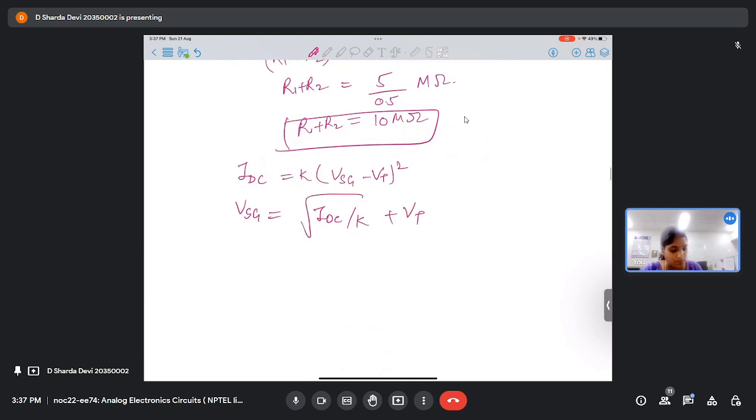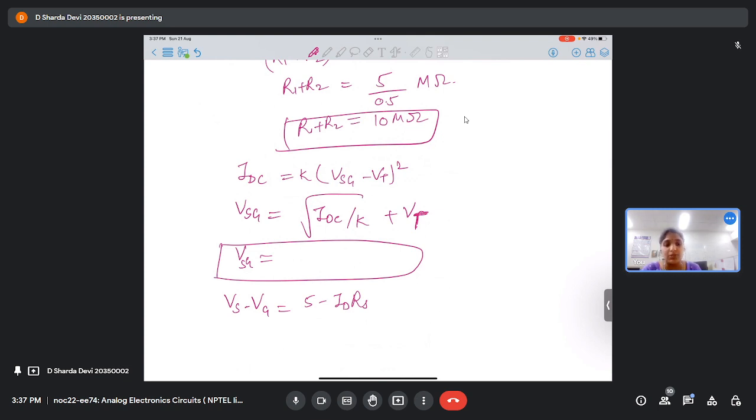So VSG we can find out from here. We can solve and find out the value that you are getting. And Vs minus Vg, so it can be written as 5 minus IDRS.